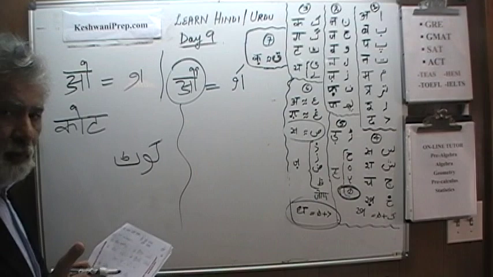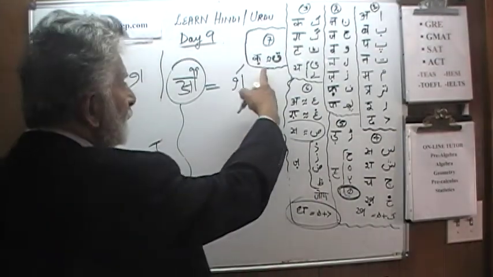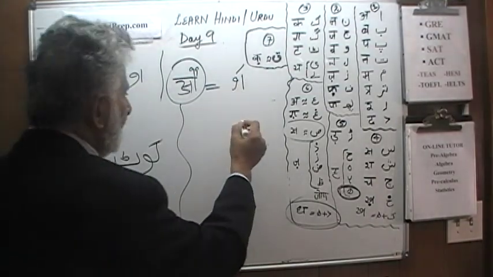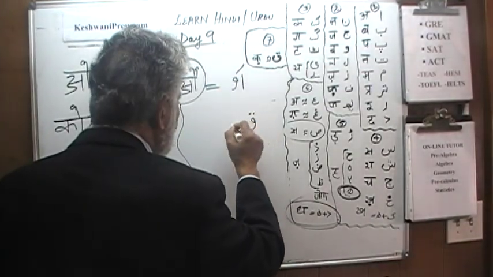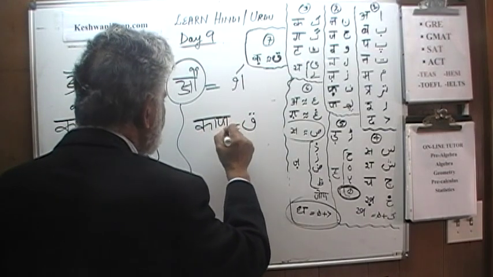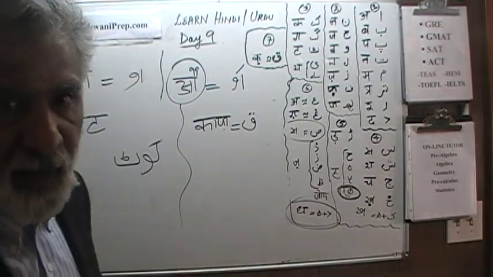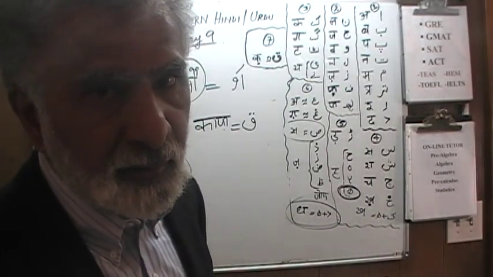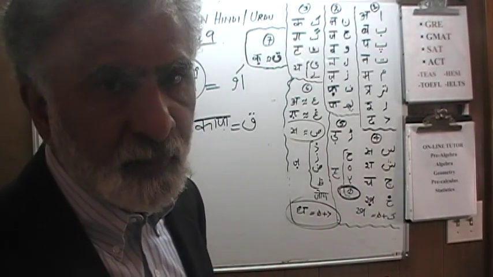But this time, the word that we are about to write, you will use this letter that we learned on day number 7. This is called kaf. This letter is called kaf, as opposed to kaf. It's a glottal sound. It's an Arabic sound. It doesn't exist in Hindi, but it appears in the spelling of the words.